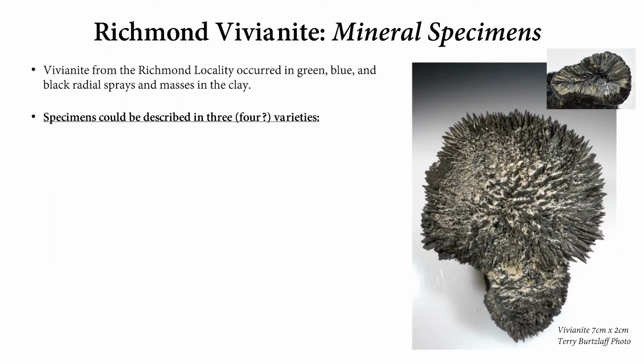Oh, I almost forgot. There wasn't just Vivianite found at this location. Even though Vivianite was the primary mineral that a lot of people think about when they go back to the Richmond location, there were 3 other minerals that were found. There was jarosite, which was abundant supposedly at the southern end of the deposit, and this was basically just a yellow coating on the clay chunks. You had gypsum. There was a specimen of gypsum that was found.